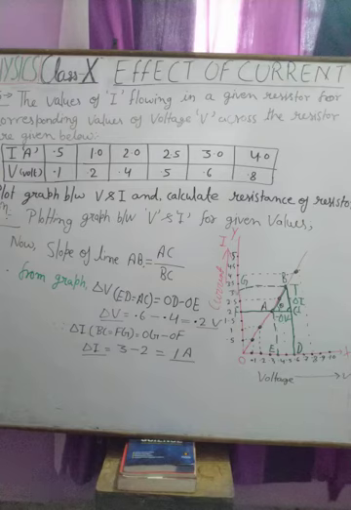Therefore, the slope of the straight line AB is known as resistance.